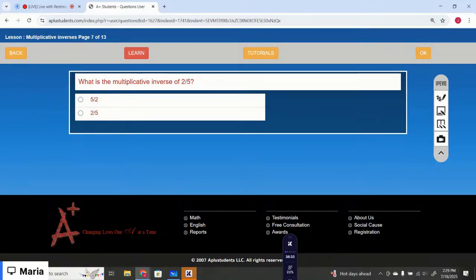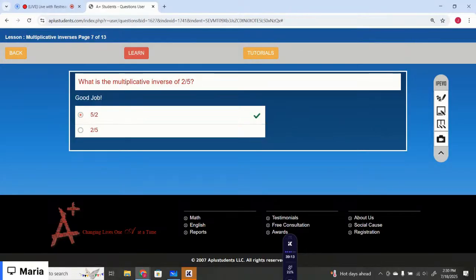What is the multiplicative inverse of 2 over 5? That would be 5 over 2. Option number 1 is the correct option.